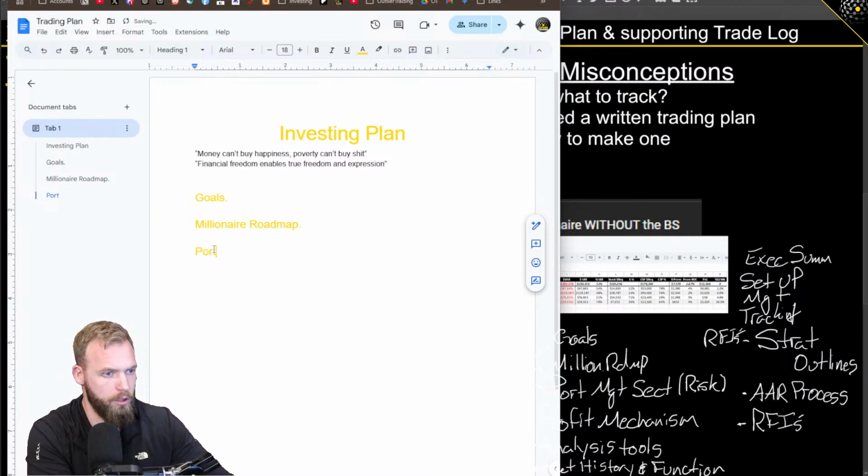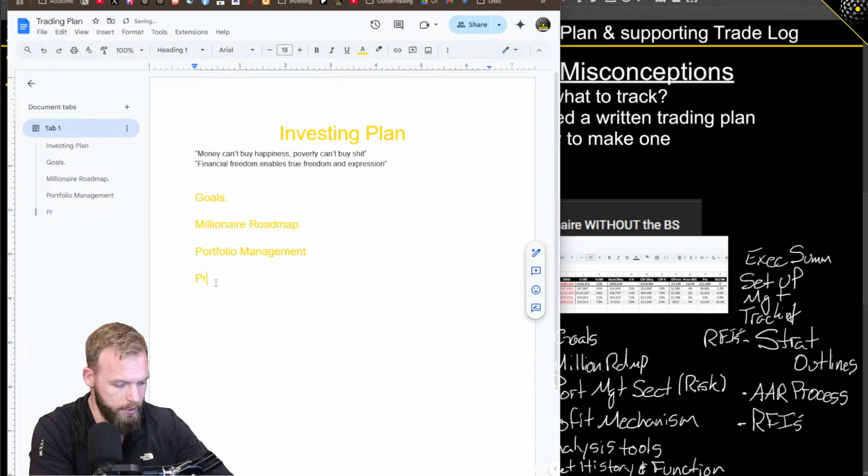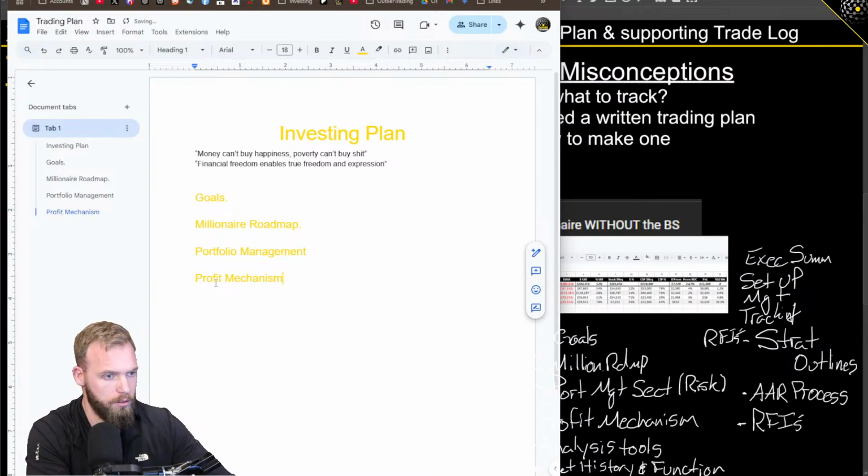We need portfolio management. We need profit mechanisms. We need analysis tools.